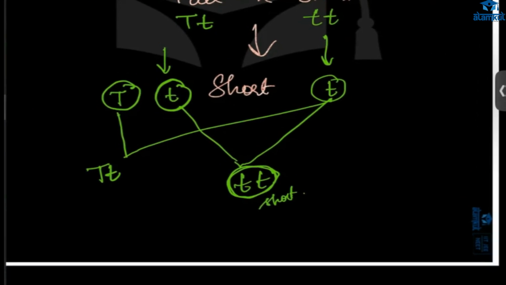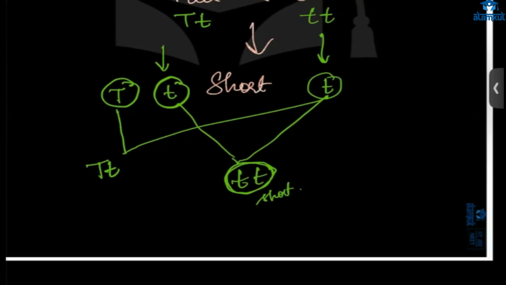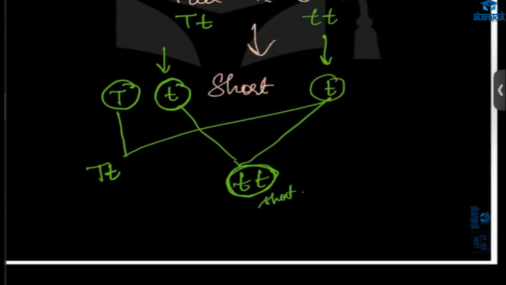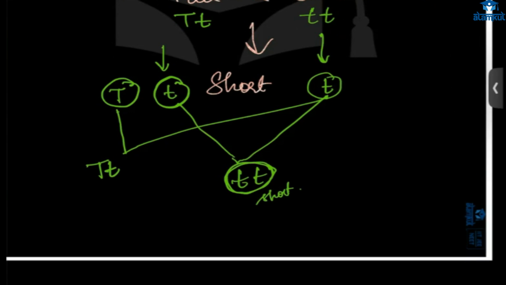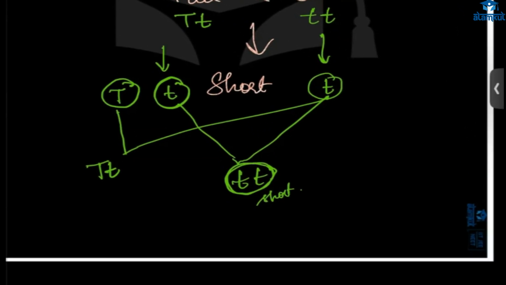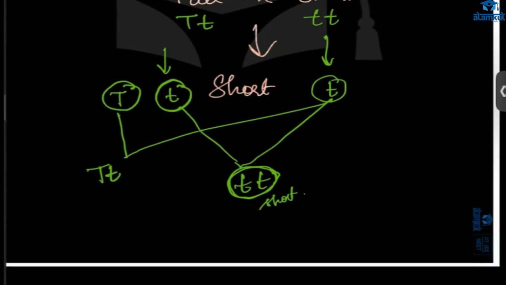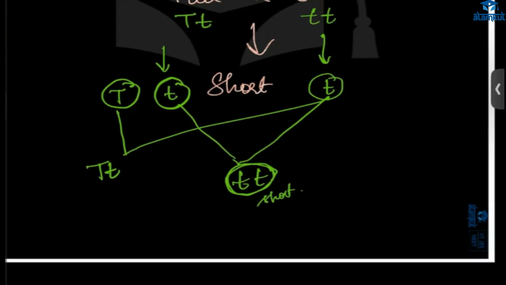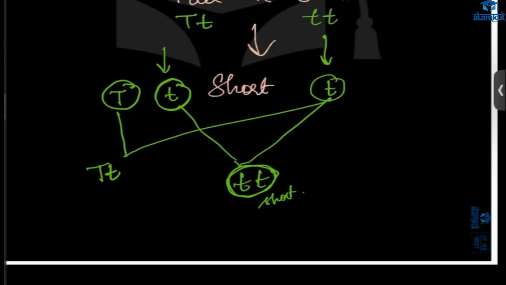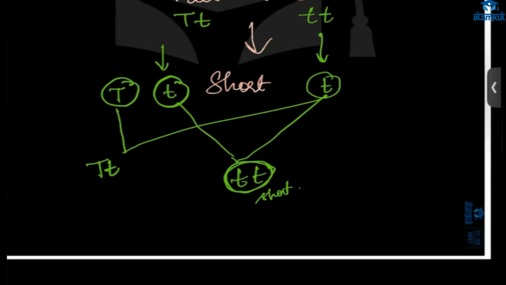Like you said, if we cross short and tall, we'll always get tall. But is it very rare to get a short one?